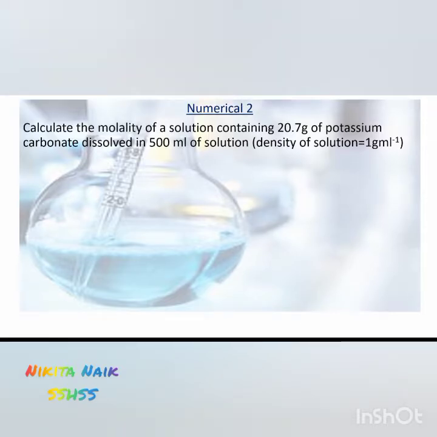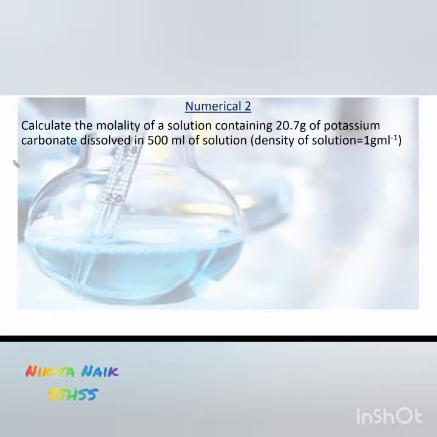First, we shall write what is given to us. Mass of K2CO3, that is potassium carbonate, is given as 20.7 gram. Here our potassium carbonate is solute and it is dissolved in water. Water is our solvent.